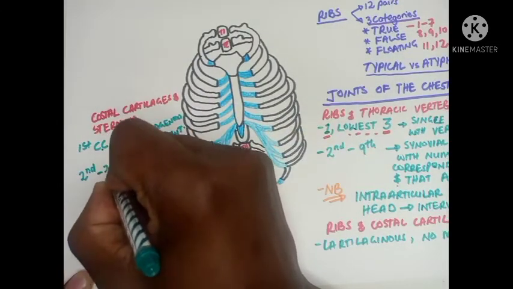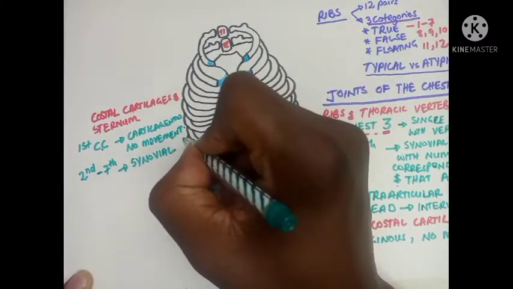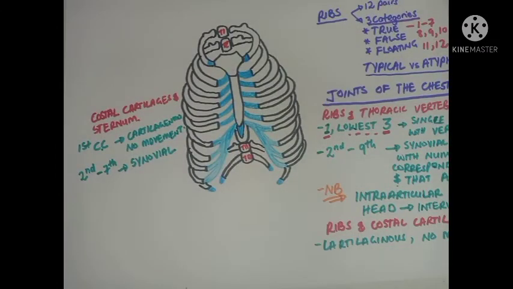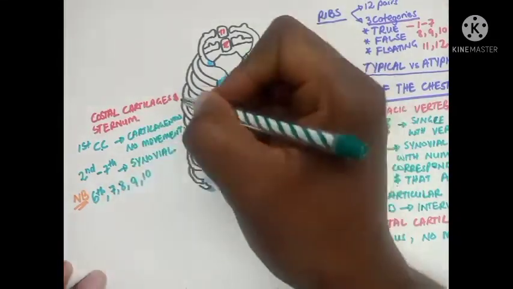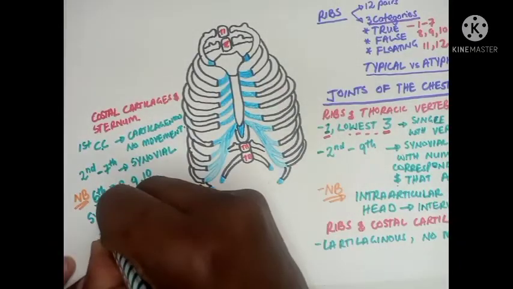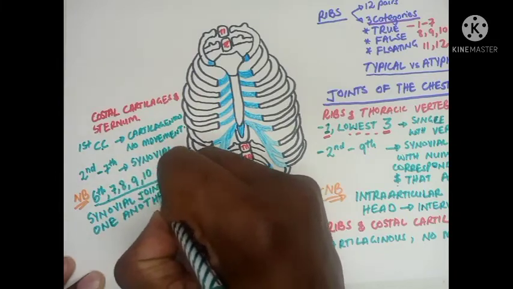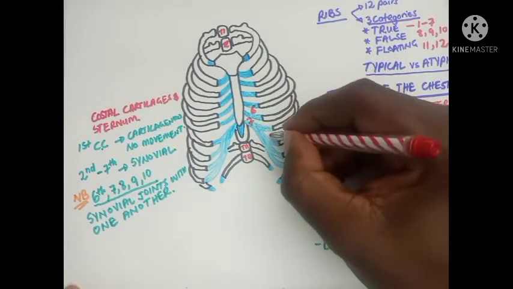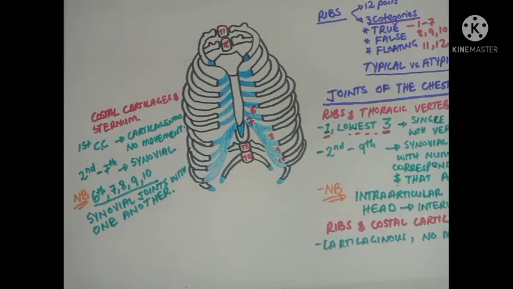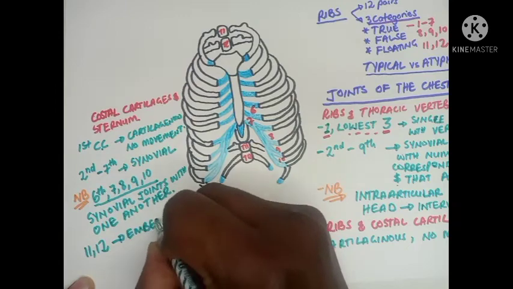The 2nd to the 7th rib articulate with the sternum by means of synovial joints. Costal cartilages number 6, 7, 8, 9, and 10 articulate with one another via synovial joints.